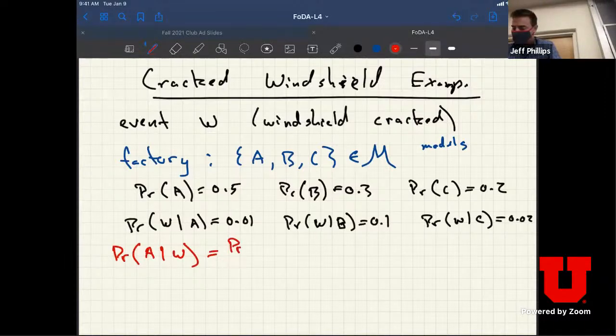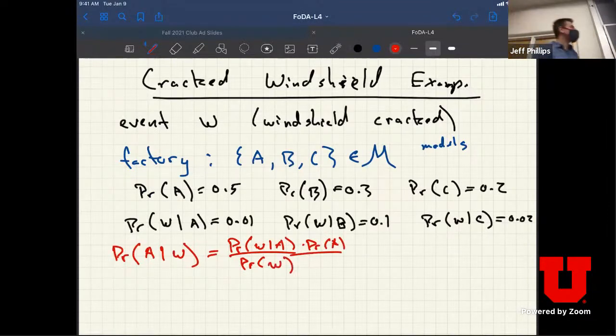Well, I can use Bayes' rule now to say the probability the windshield cracked given factory A, times the probability of factory A, divided by the probability that the windshield cracked. I can write this as 0.01, that's the probability that the windshield cracked given A, times the probability it came from A, 0.5, divided by the probability that the windshield cracked.